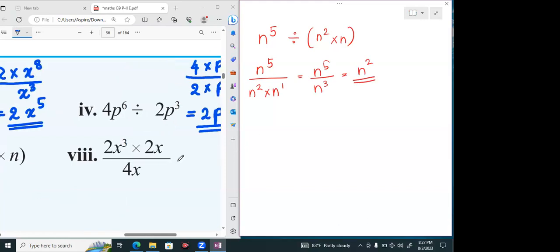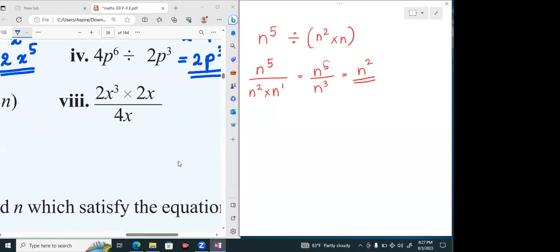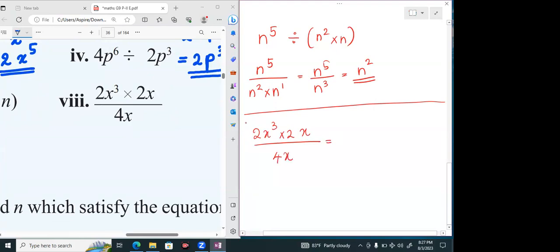8. Here 8 is done like this. 2 times x to the power of 3, 2 times x upon 4x. Then 2 times 2, it is 4. Then here there's no power, so the exponent means 1.